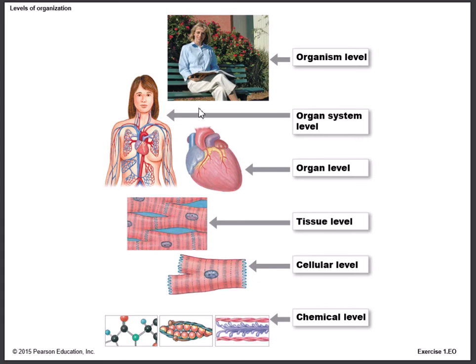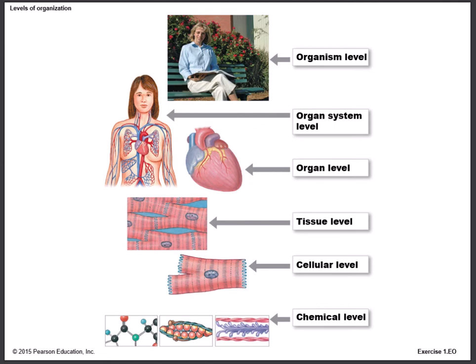Here they're showing you the heart in combination with the blood vessels, and inside there, they're not showing it, would be the blood. So all of those structures form this system known as the cardiovascular system. We'll see in a moment there's actually 11 organ systems. I'll just go over them real quickly.